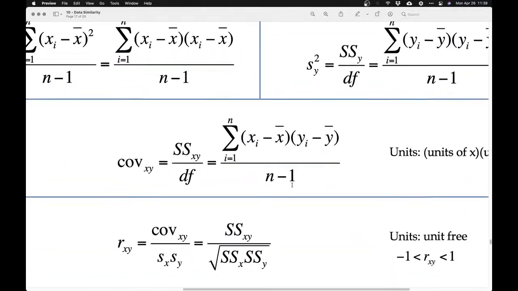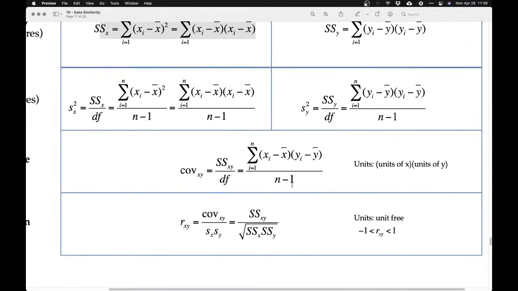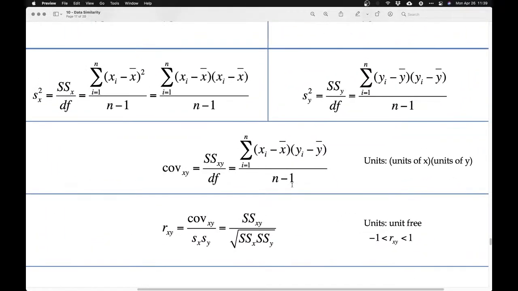There is a notion called covariance. Covariance is interesting. It's almost exactly the same formula as variance, but in the numerator, rather than just taking one variable mean-centered and squaring it, you multiply it by the mean-centered version of the other variable. So it's mean-centered x times mean-centered y instead of mean-centered x squared, okay?